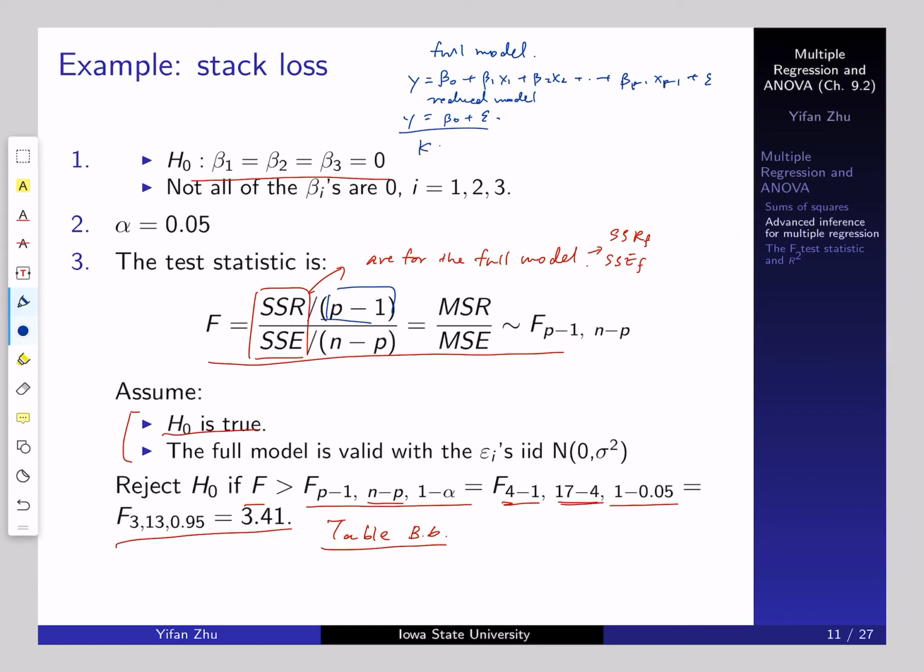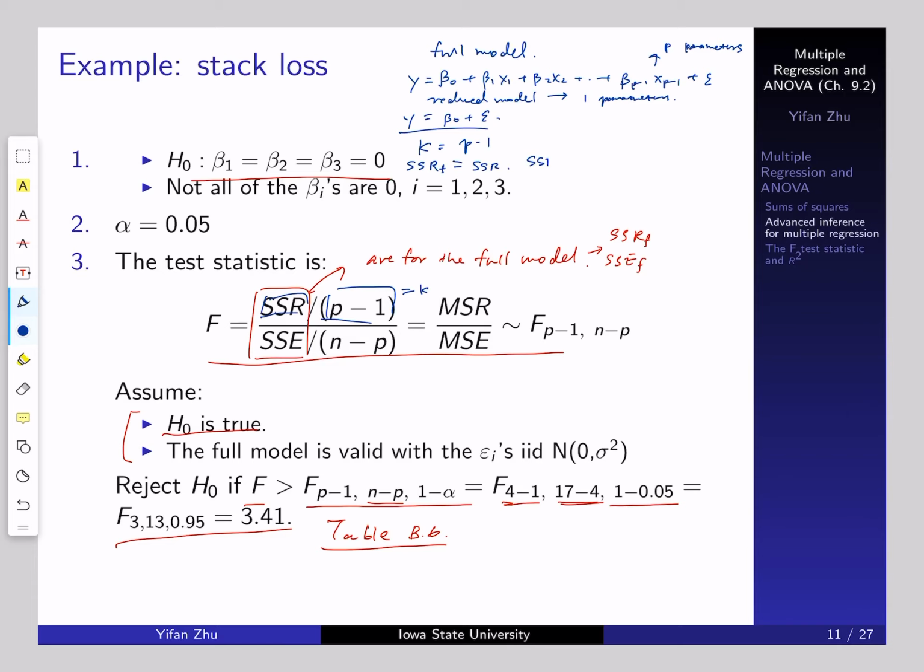So k is the difference in the number of parameters, which is p minus 1 here. And SSRF is just this SSR here.